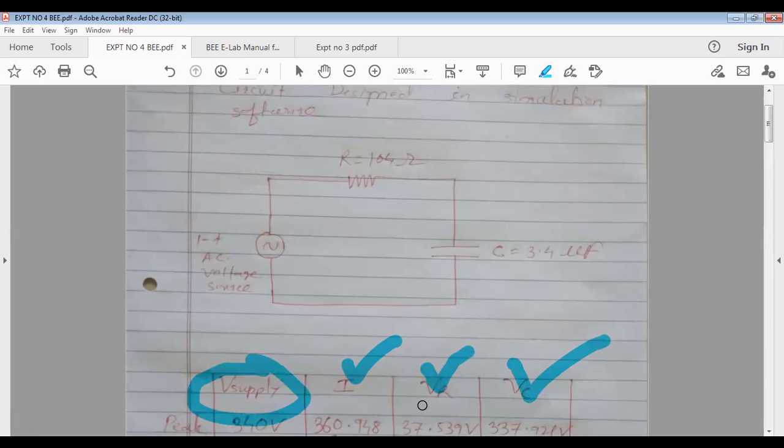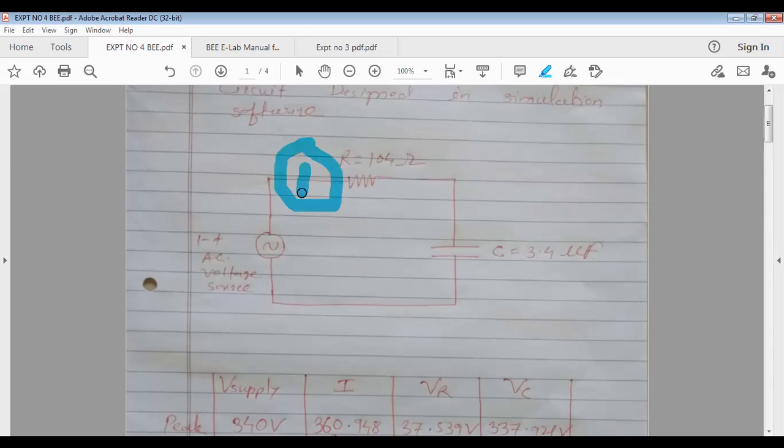Now in an AC circuit, how do we connect an ammeter, in series or in parallel? Series. Correct. An ammeter we always connect in series. Suppose I'm going to connect one ammeter over here, and a voltmeter, how do we connect it? Always in parallel. Correct. As this is an AC type of circuit, you have to use AC types of meters.